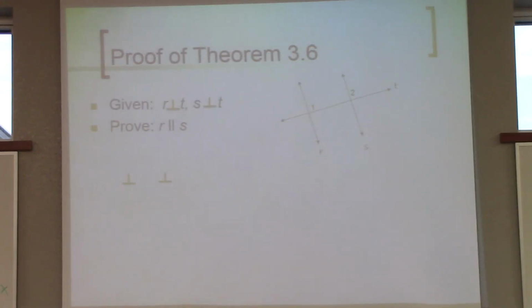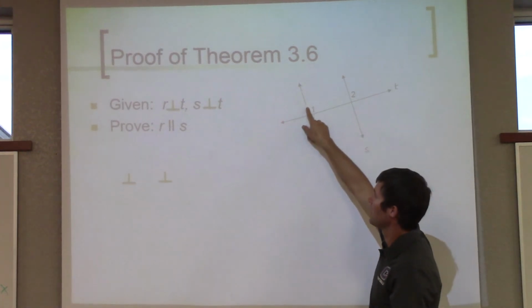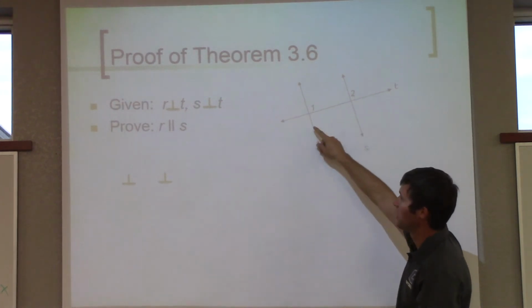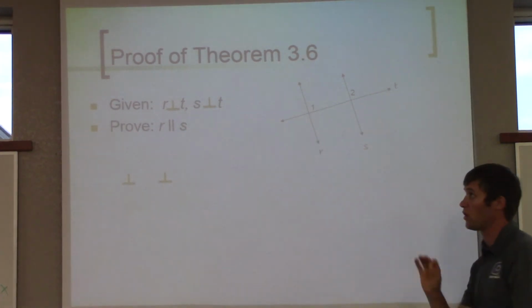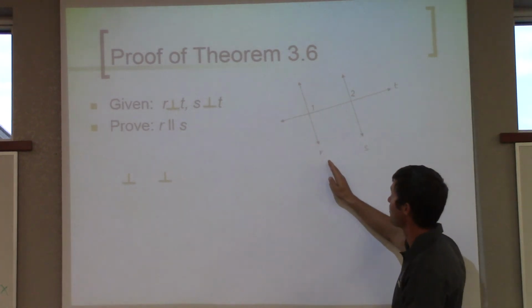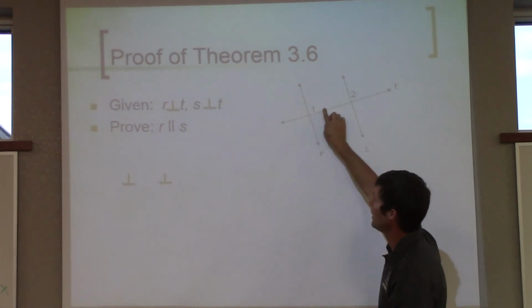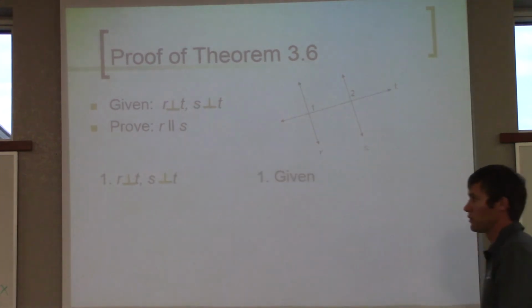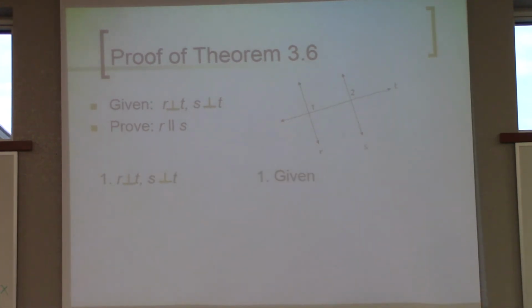So we want to go through this proof. Given that we have right angles, RT is perpendicular to T, so right here they meet at a 90-degree angle, and this meets at a 90-degree angle. We'd state that first as given.